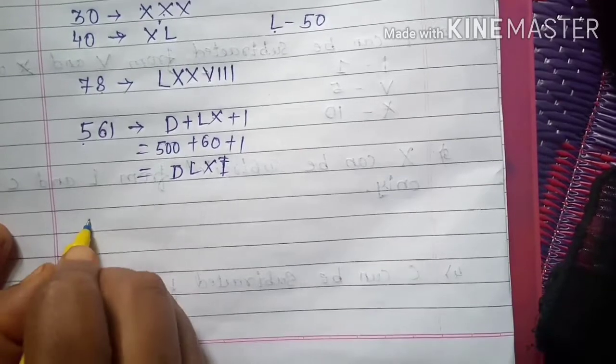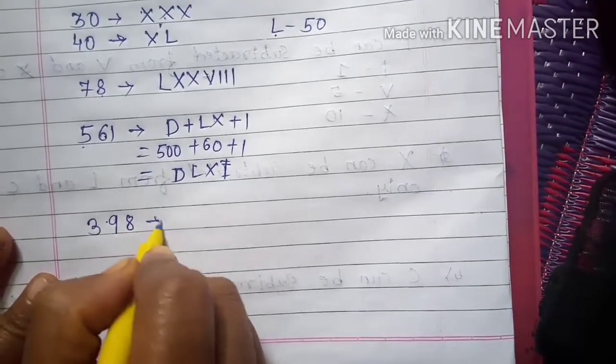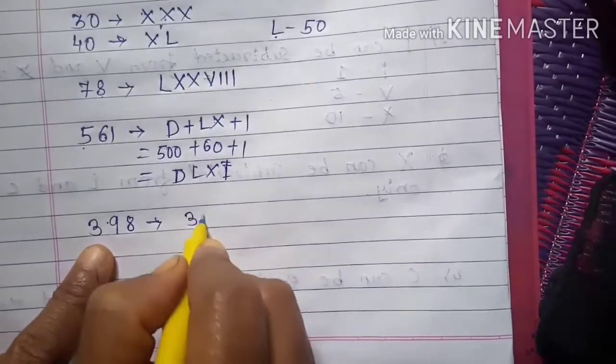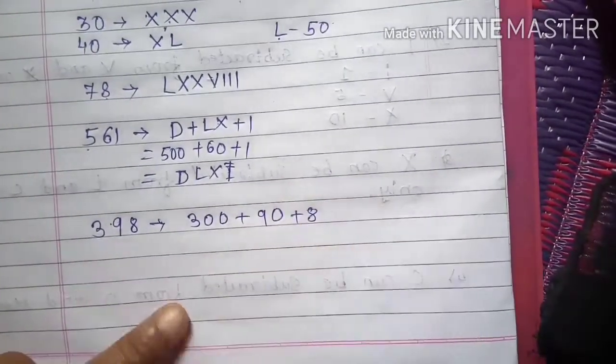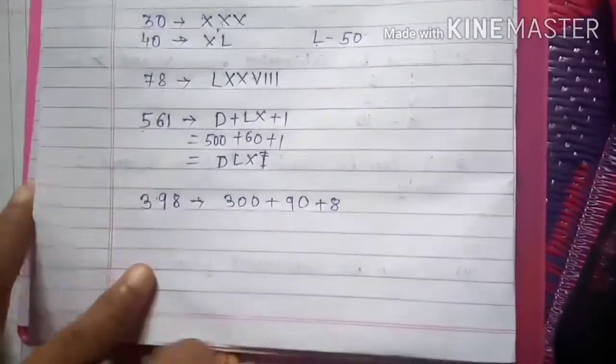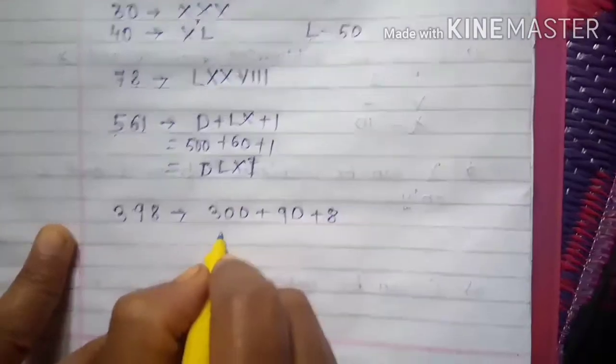Let us take one more example. 398. So see here, 300 plus 90 plus 8. In this way you will get a better understanding of Roman numerals. How will we write 300?